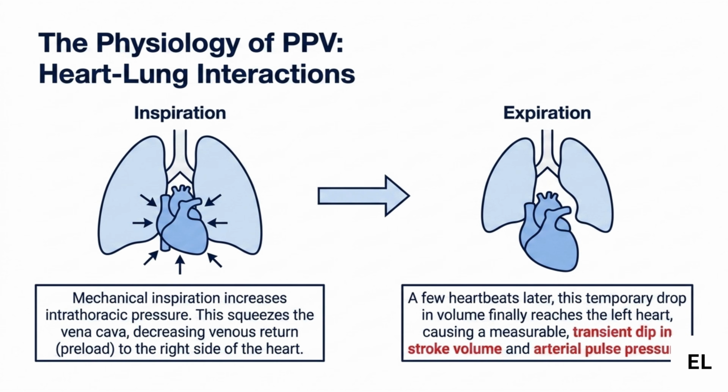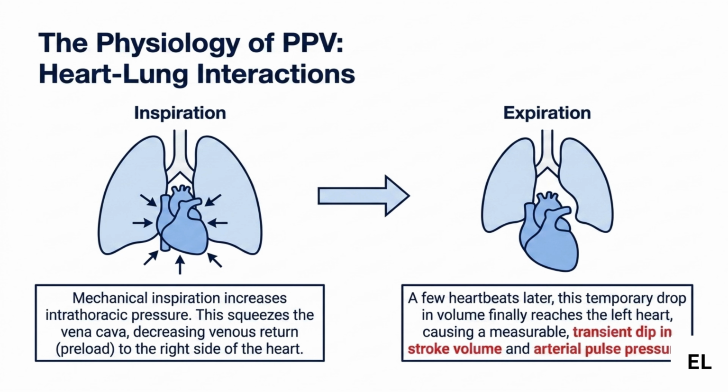Pulse pressure variation is based on the physiological interaction between the heart and the lungs during mechanical ventilation. During positive pressure inspiration, intrathoracic pressure increases and compresses the vena cava, reducing venous return to the right side of the heart. This temporarily decreases right ventricular preload and reduces the amount of blood entering the pulmonary circulation.